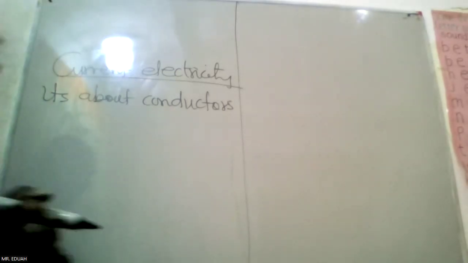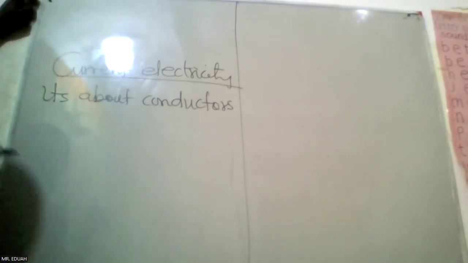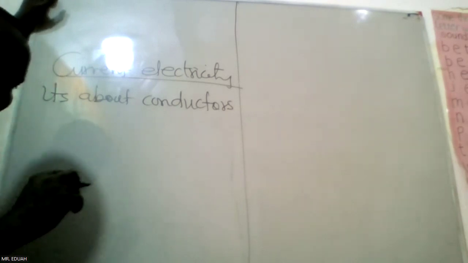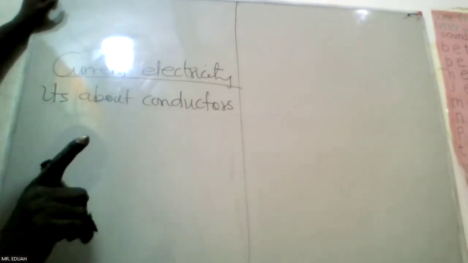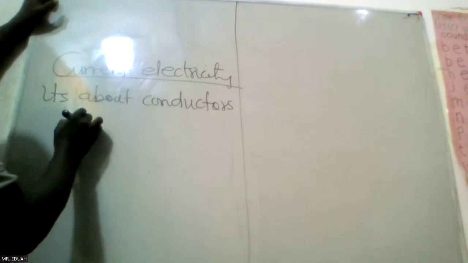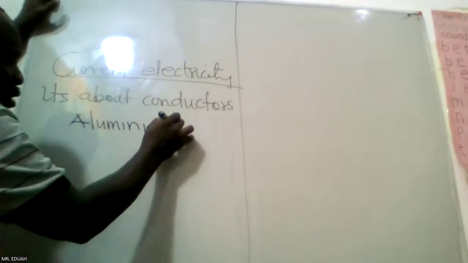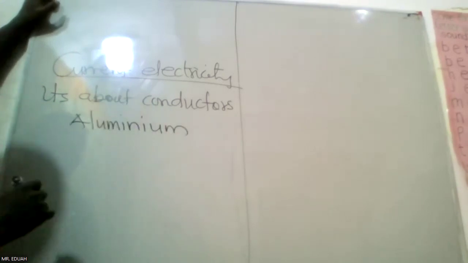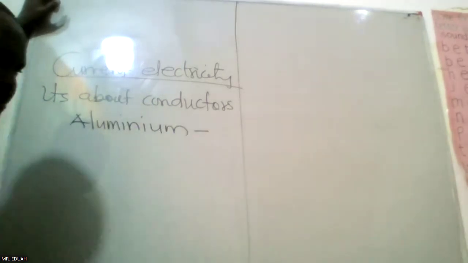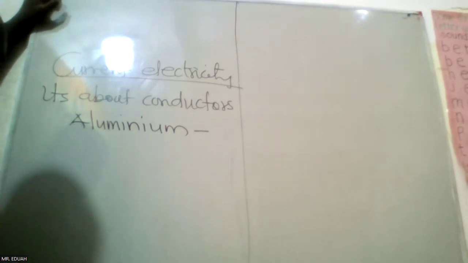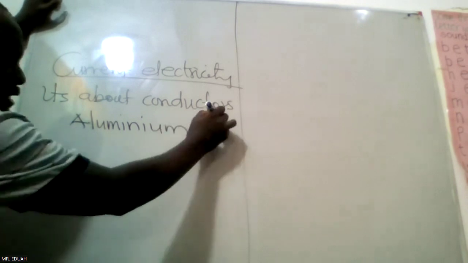So if you take an example of a conductor, let's pick aluminium. What is the atomic number of aluminium? 13.